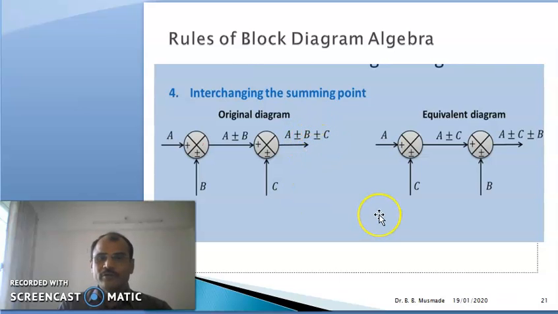Interestingly, when you swap or interchange this, you have to keep track of the output. Finally we want this outcome, that is A plus or minus C plus or minus B. So when we rearrange or interchange, this is the first information, the third information is either added or subtracted at the first summing point, and then the second information is coming.